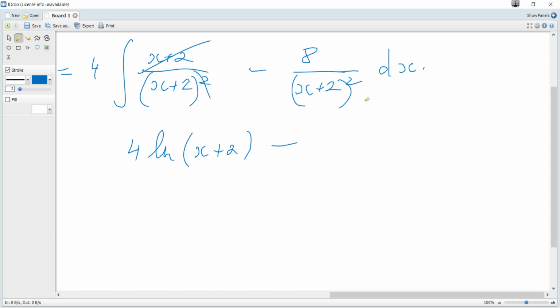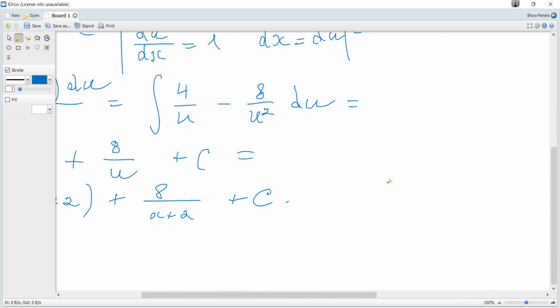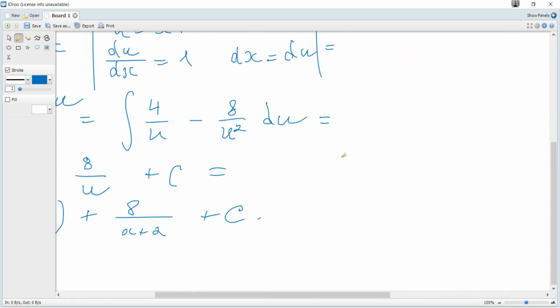So we can consider it as 1/x², but for ax + b. So it's again minus 1/x, and a is 1 here, so nothing arises in front. And minus minus plus 8 over x + 2 plus a constant. Let's check: 4 ln plus 8, yes, it's the same.